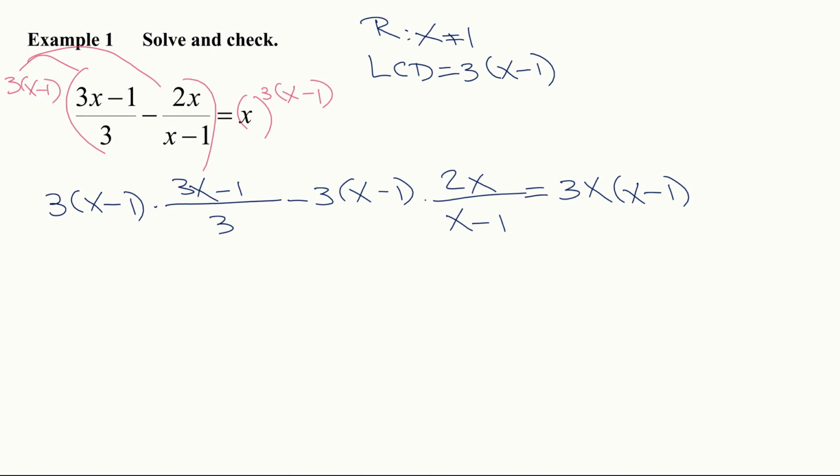So now we carefully cross cancel everything that we can. We notice that in this first product, we can cross cancel the 3's. In the second product, we can cross cancel the x minus 1's. And here there's no cross canceling.